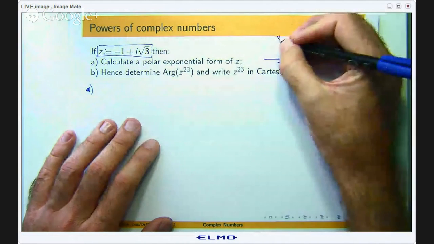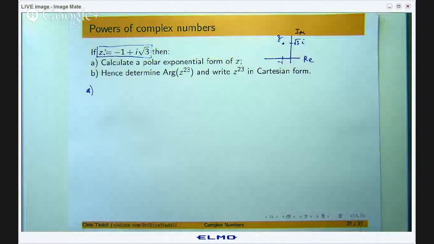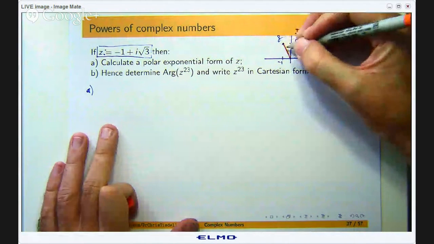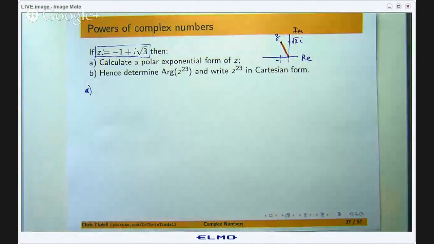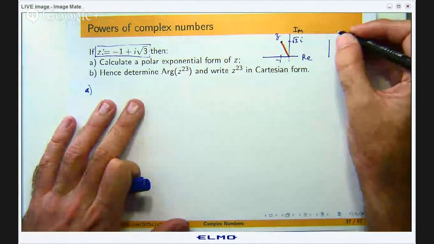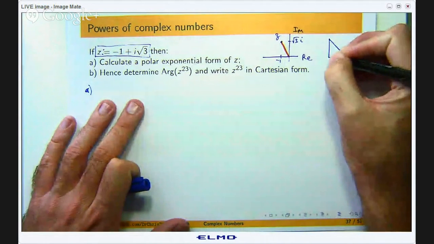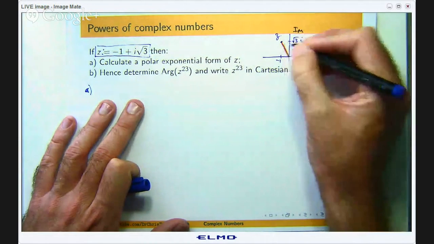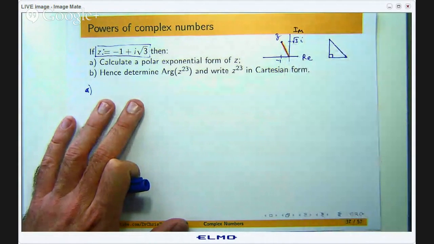Okay, so this would be my z, and if I connect that to the origin, I've got then a special little triangle. One of these well-known triangles from trigonometry. It's a right-angled triangle. So this hypotenuse would be this orange line segment there.